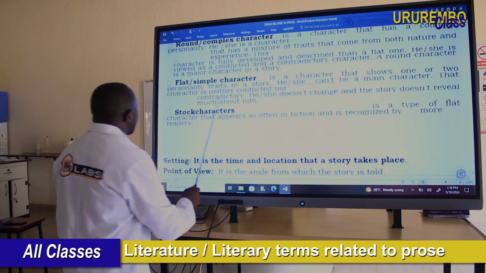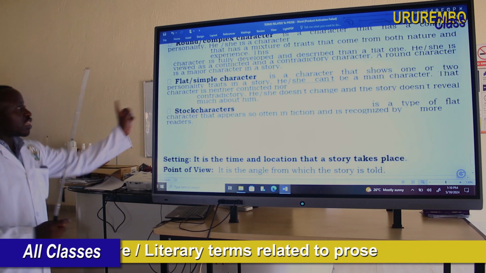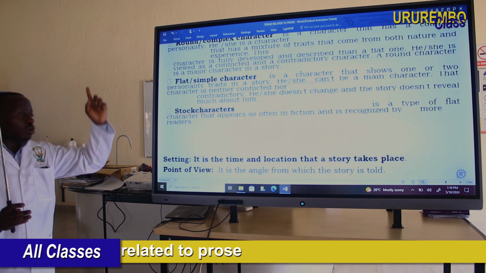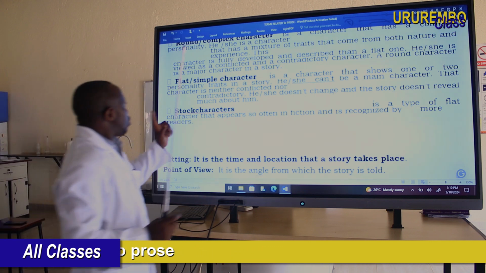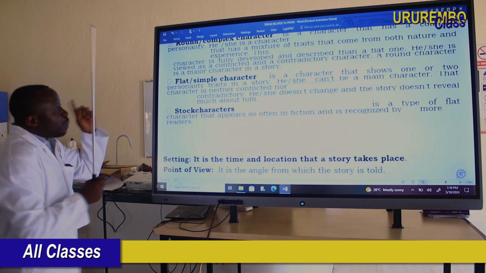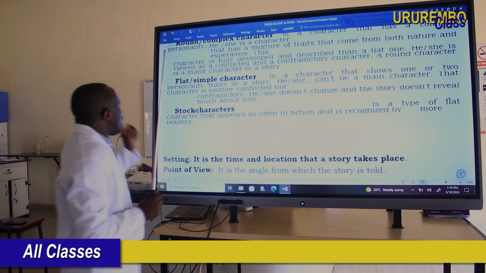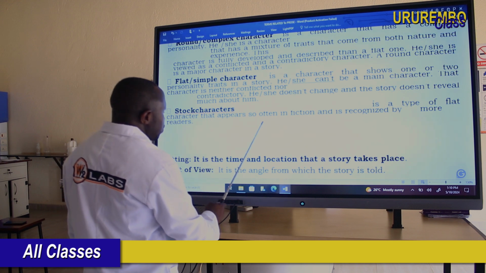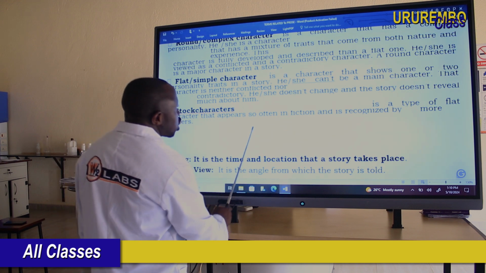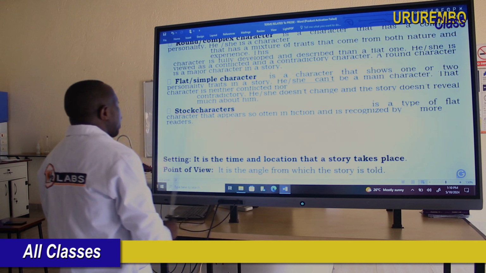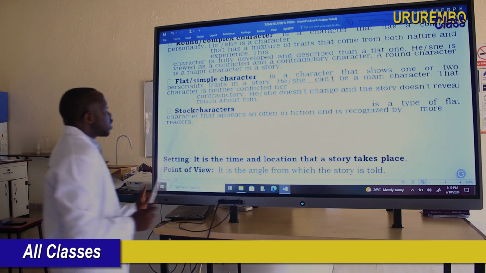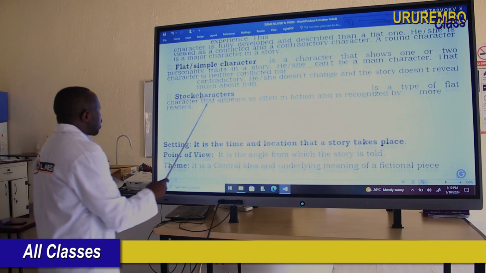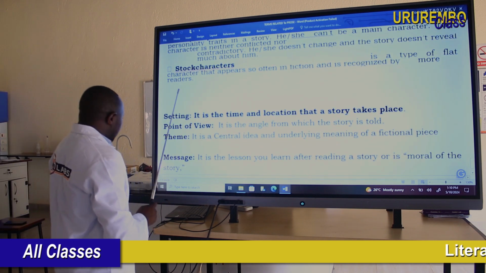We also have the flat or simple character. It is a character that shows one behavior, one dimension, only one personality. This person does not change. Then stock characters.